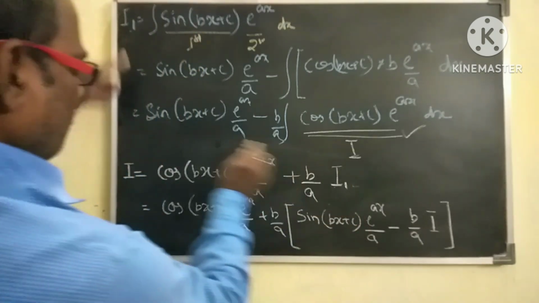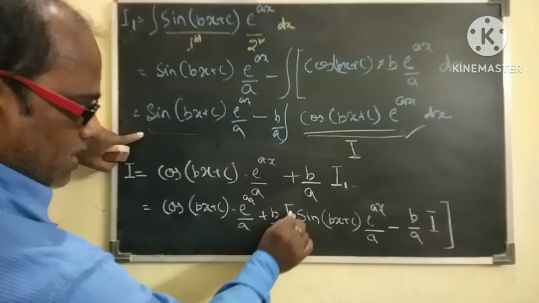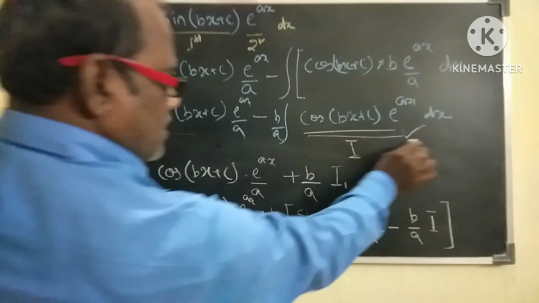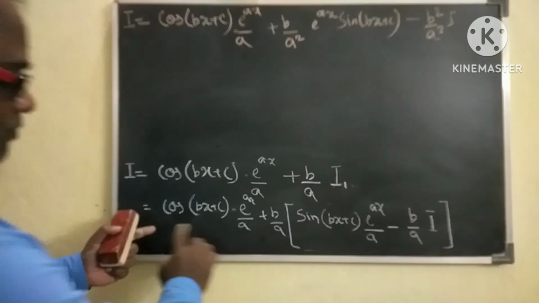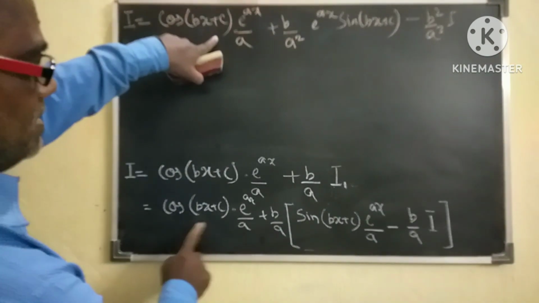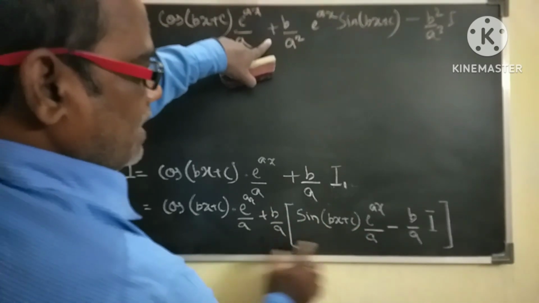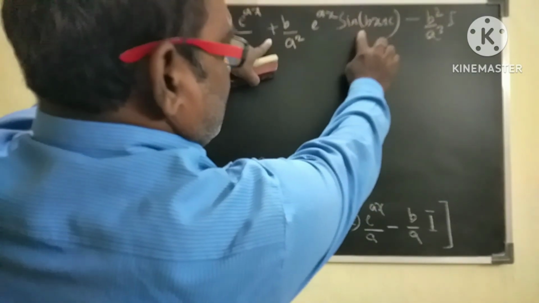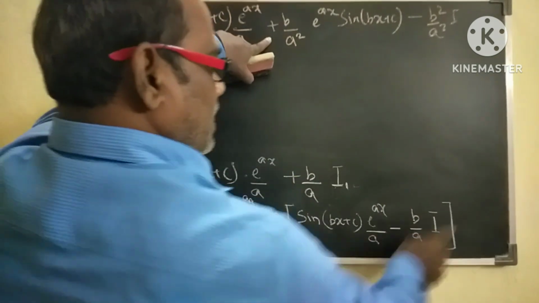Instead of I1 we are going to put this value. So for (b/a) I1, putting this value over here, we get I equals cos(bx + c) e^(ax)/a plus b/a² e^(ax) sin(bx + c), plus minus minus, b²/a² I.